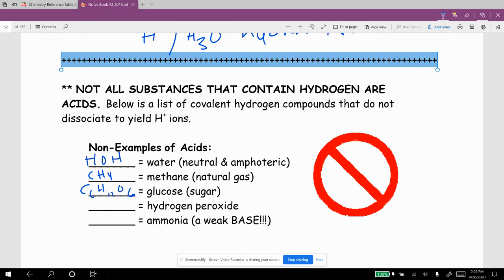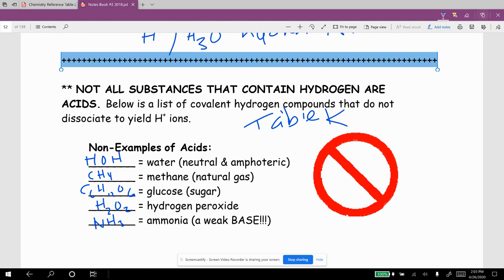It's not an acid. Hydrogen peroxide is H2O2. It is also not an acid. And ammonia is NH3, also not an acid. So be very careful. Acids are listed on Table K, and they have the H plus as the only positive ion in solution.